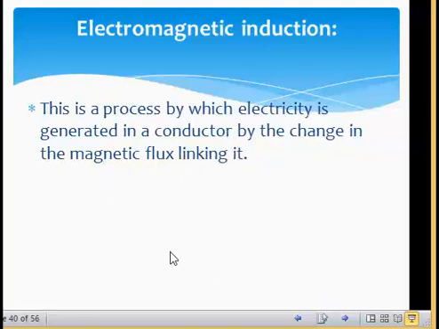There are different ways through which electricity can be generated. We've actually talked about electricity that is generated through friction. Now this one here, electromagnetic induction, is a form of electricity generated when the magnetic flux linking a conductor changes, and I'm going to illustrate that.